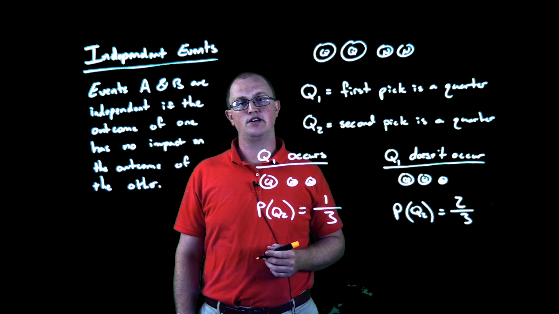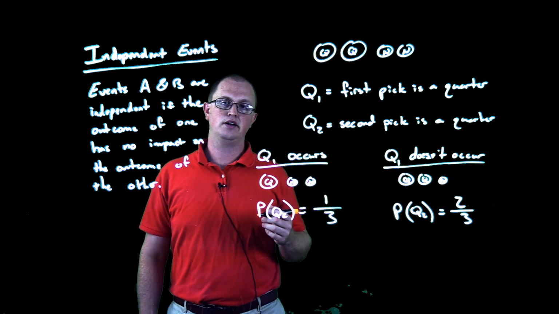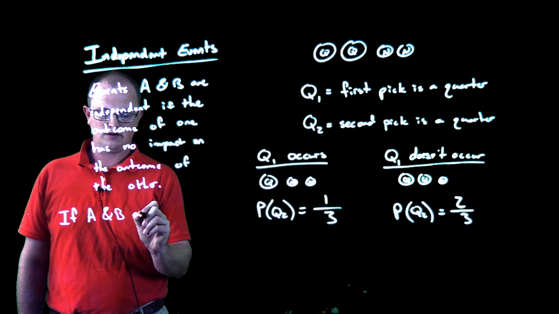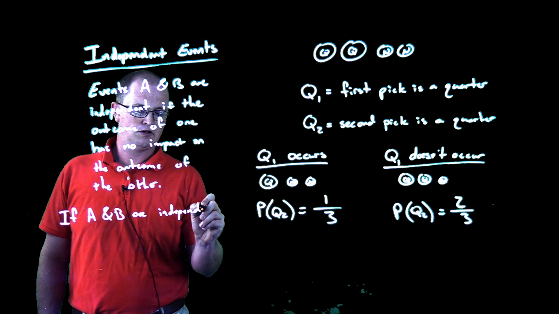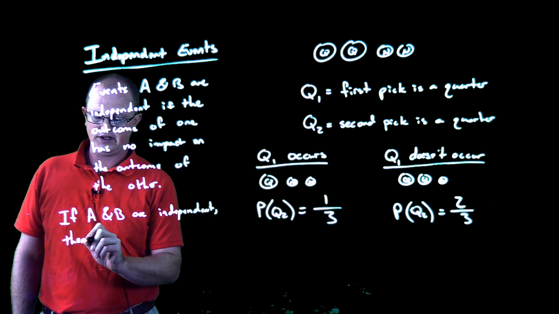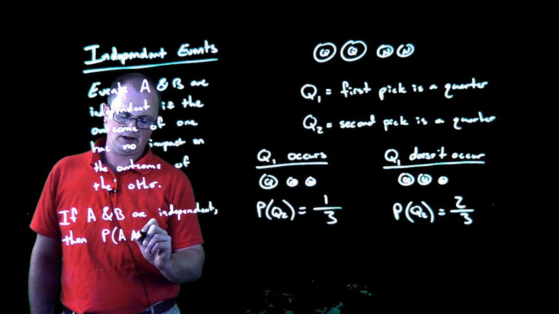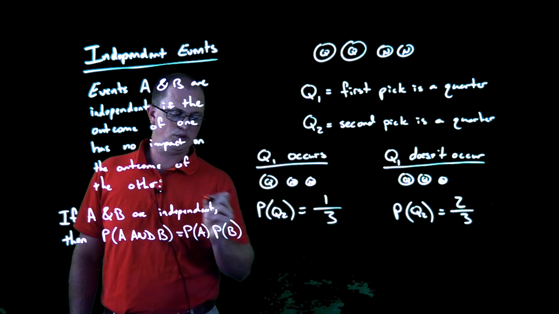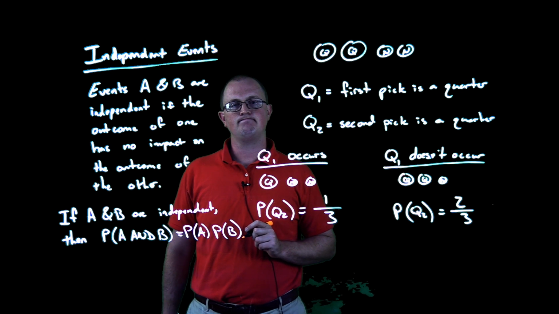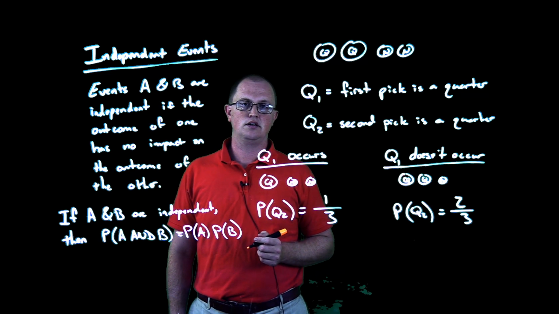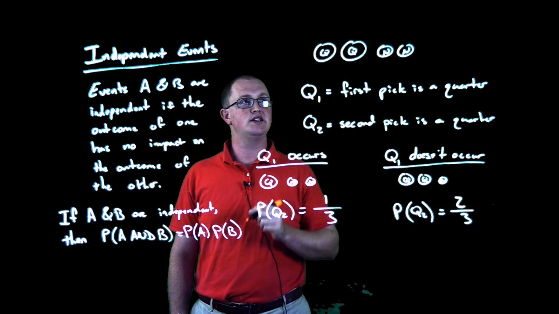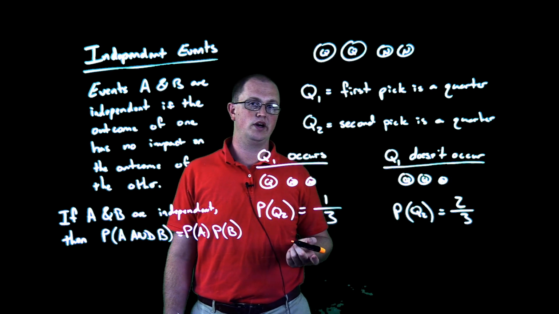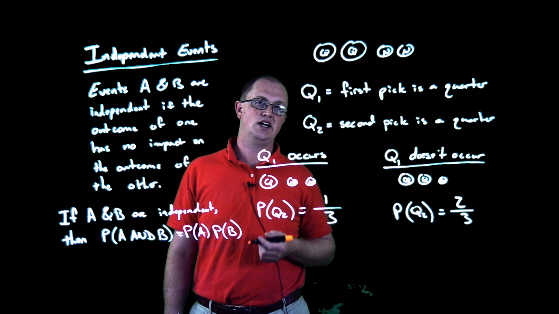But if we have 2 events that are independent, then we get a nice little situation here where if A and B are independent, then the probability of A and B is equal to the probability of A times the probability of B. And so in this case, if we were replacing the coin after drawing this, then we had a probability of getting a quarter the first time of 1/2 and a probability of getting a quarter the second time as 1/2.